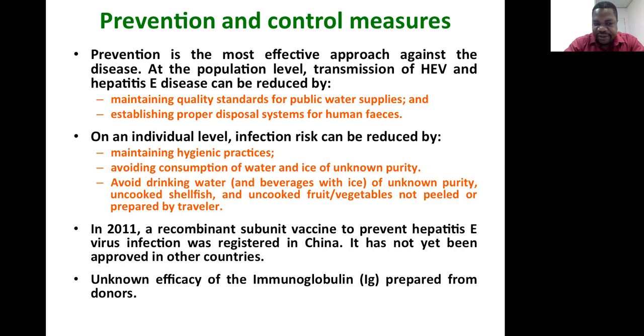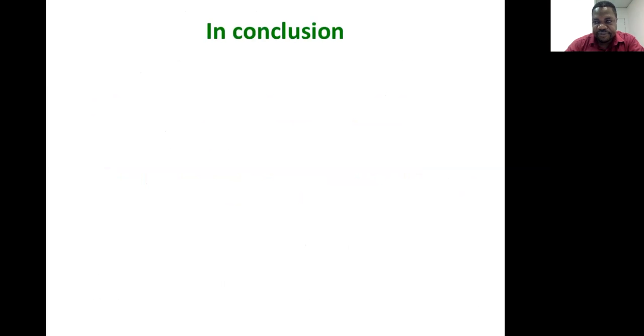In 2011, a recombinant subunit vaccine was developed to prevent hepatitis E, but this is only licensed in China. It has not yet been approved in other countries. And the efficacy of immunoglobulin prepared from donors is unknown.